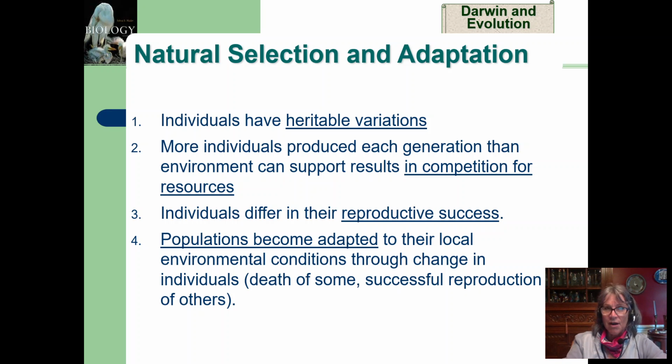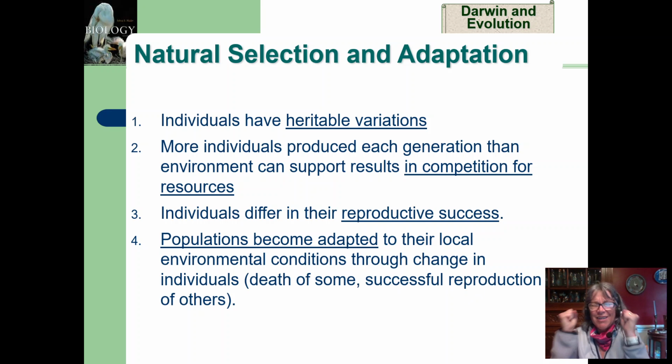They'll have fewer offspring, fewer reproductive chances. Those that are better able to compete will pass on their genes at a higher rate and have more offspring. So the successful reproduction of others means that those traits that made them successful, each generation, will become more and more prominent in the population. So over time, the population adapts.